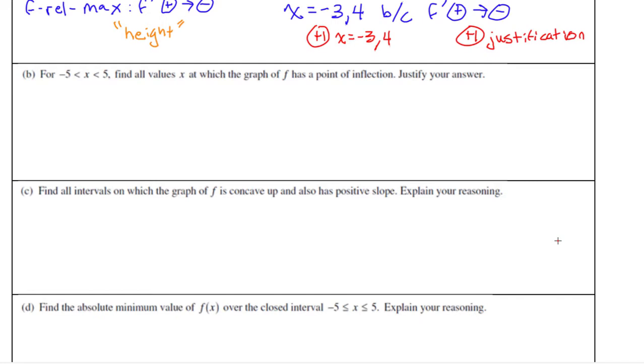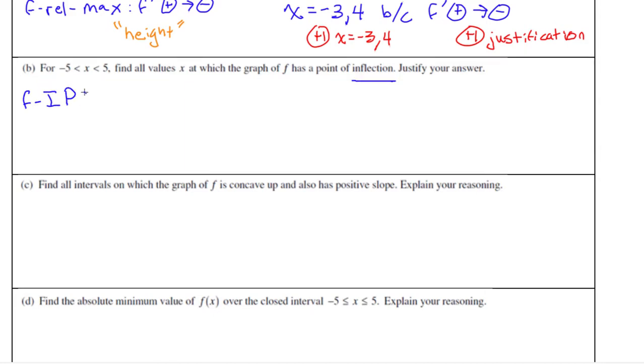All right. We're on to B. We need to find points of inflection. Definition of inflection on a graph of f is what? That's f double prime sign change. Oh, you're already thinking of slope.